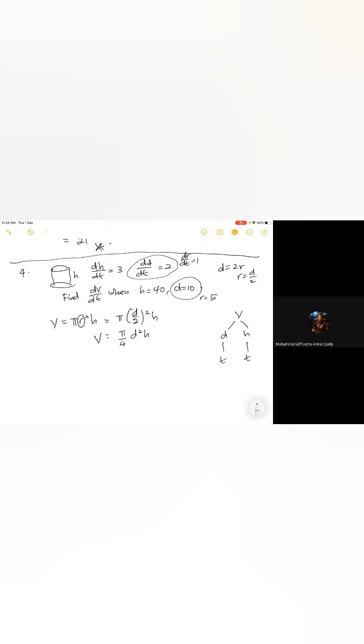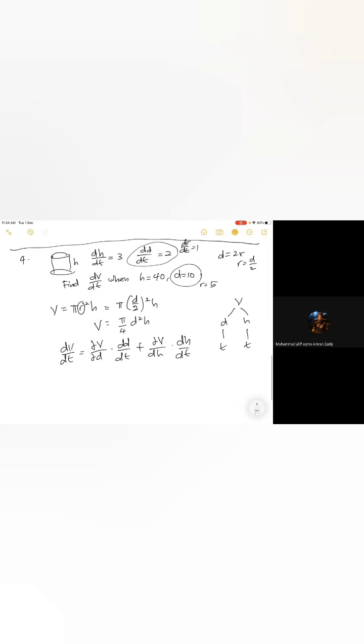So when the question asks you to find dV/dt, actually you want to find del V del d times dd/dt plus del V del h times dh/dt. Okay, so this one and this one you can get from the function, and this one and this one is given.